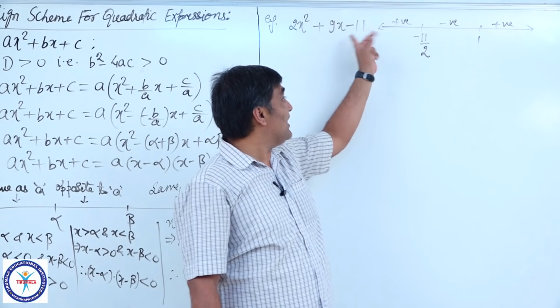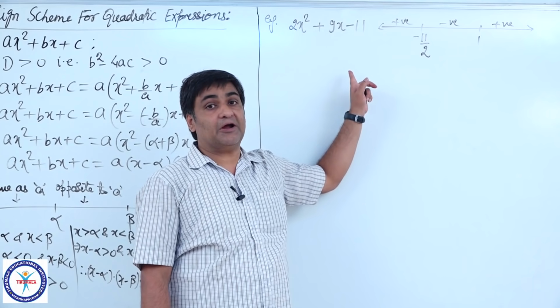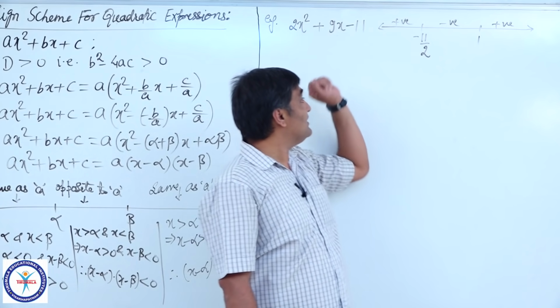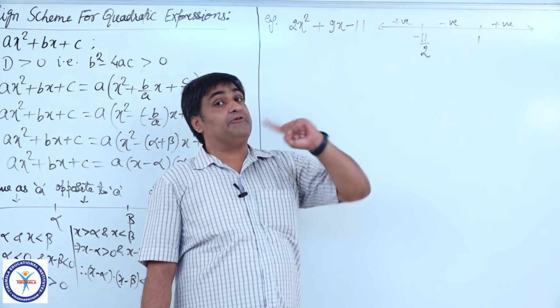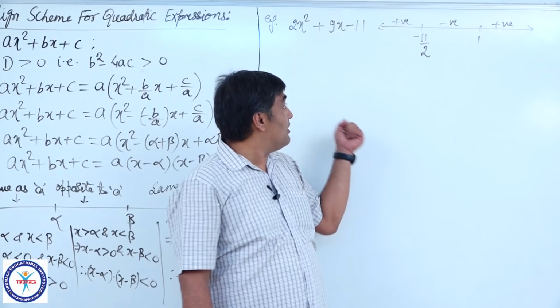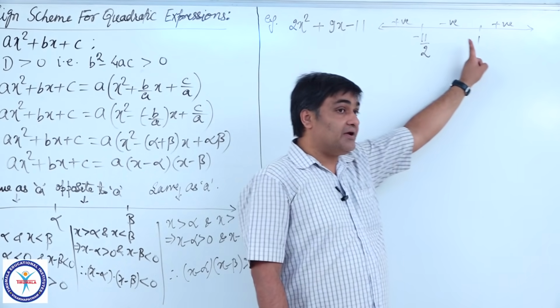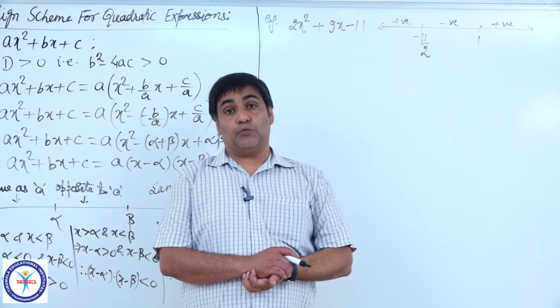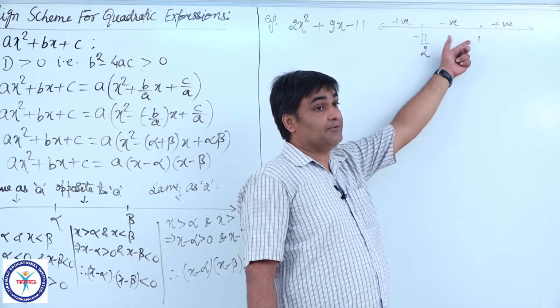If we put value of x smaller than minus 11 by 2, the sign is positive. But if we put the value of x which is in between minus 11 by 2 and 1, the sign is negative.